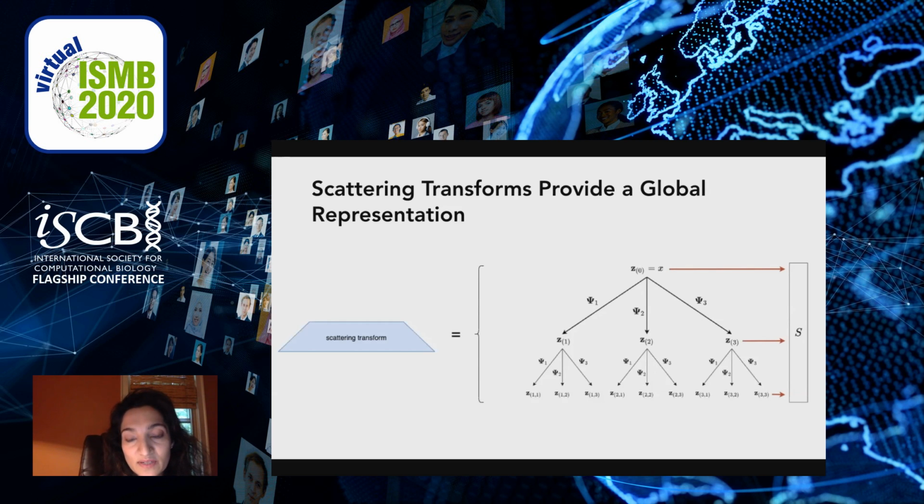Scattering transforms have been around for a while, but they were ported to graphs in two papers by Feng and Gama et al. last year. Scattering transforms are multi-level wavelet transforms. They're similar to the tree that we showed with the repeated low-pass filtering, except they have high-pass, low-pass, and band-pass filters.